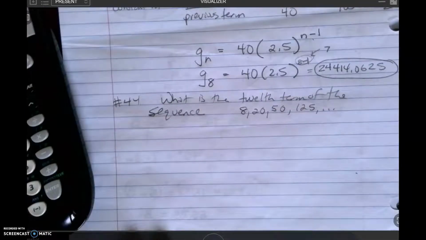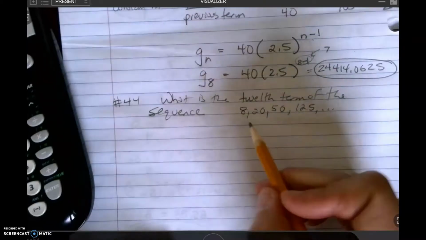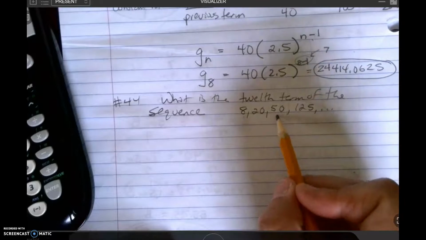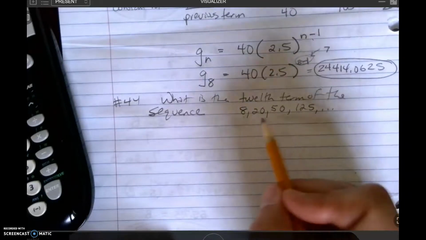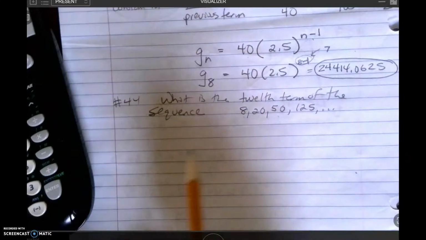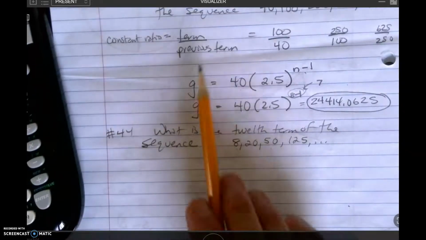And the last problem, number 44. What is the 12th term of the sequence 8, 20, 50, 125? Again, I can tell this is going up by 12, then by 30, then by 75, so this is definitely not arithmetic. So I'm thinking geometric, I'm thinking find the constant ratio.